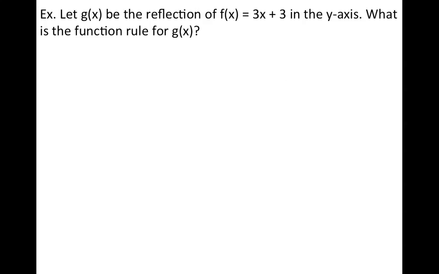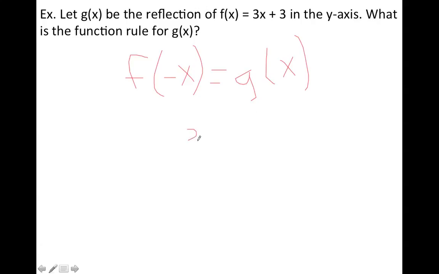Our first example: let g of x be the reflection of f of x equals 3x plus 3 in the y-axis. What is the function rule for g of x? So that means we need to write our new function rule. And when we reflect it in the y-axis, remember, that means we are changing only the x terms, so they change signs, and we don't change any other terms. So when we plug this into our equation, we look at our f of x equation, and whenever we see an x, we change it to negative.